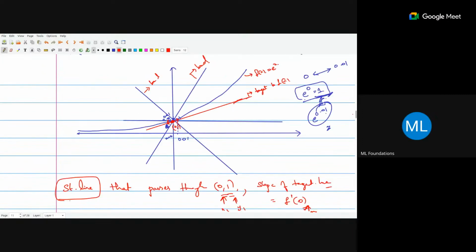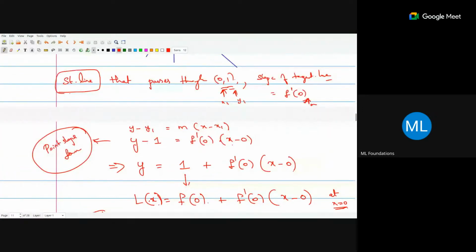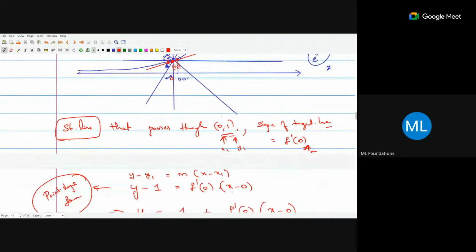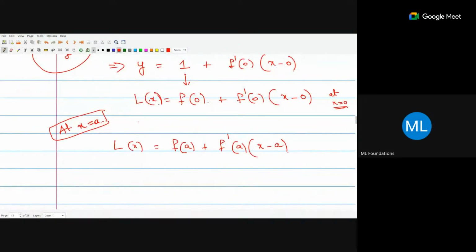So instead of 0 and 1, your point will be a comma f of a, and the slope will be f dash of a. So again use the point slope form, and you will end up getting the linear approximation.